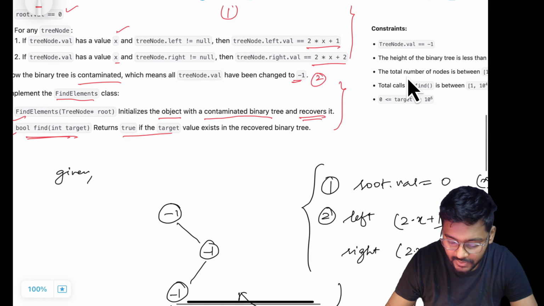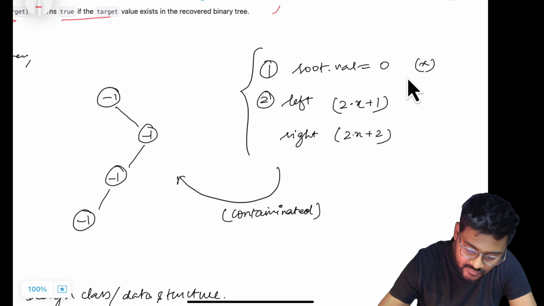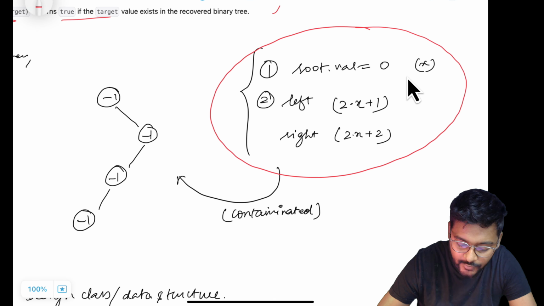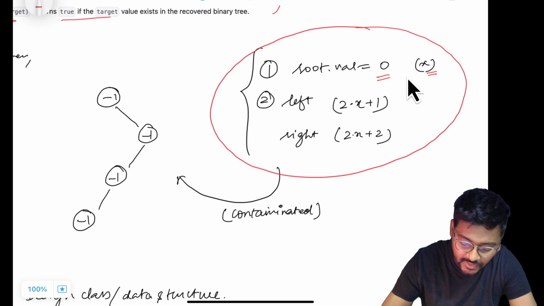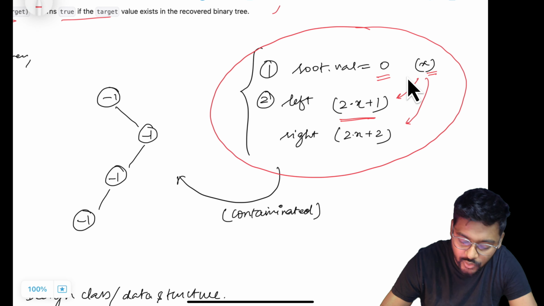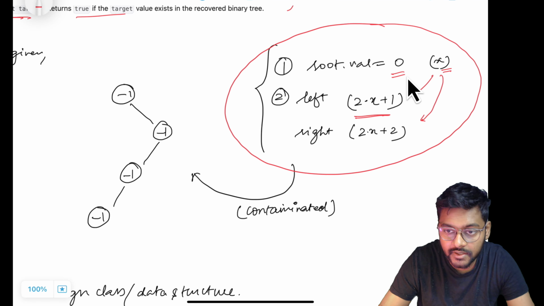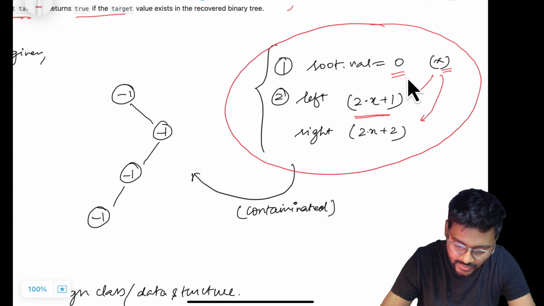Let me explain in a simple manner. Initially we had a binary tree where the root value is 0, or any other starting value, let's say x. Then the left child should be 2 * x + 1 and the right child should be 2 * x + 2. Whenever we carry a binary tree, we just require a root value. If we have the root value, we have the whole binary tree.